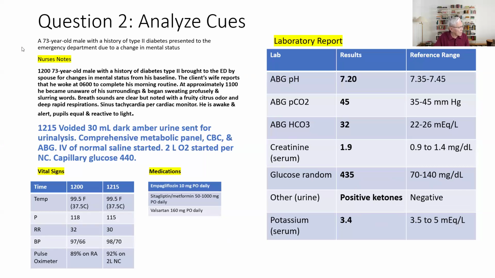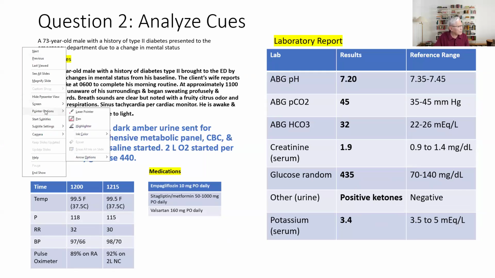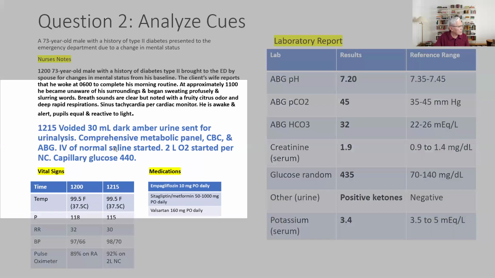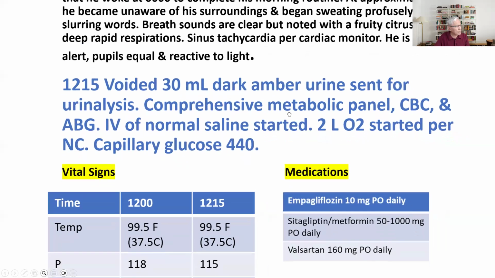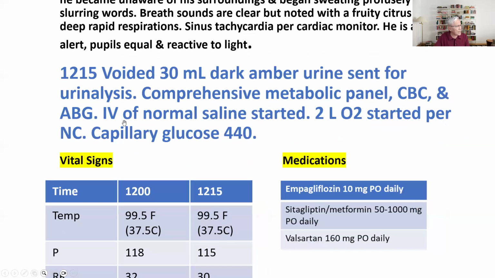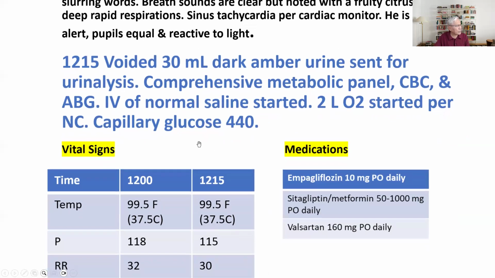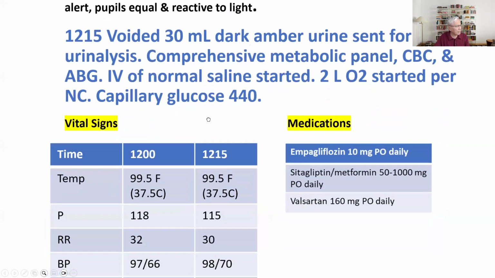All right. Now, at 12:15, the patient voided 30 ml dark amber urine, sent for urinalysis, comprehensive metabolic panel, CBC and ABG, IV of normal saline started, 2 liters oxygen per nasal cannula, capillary glucose 440.